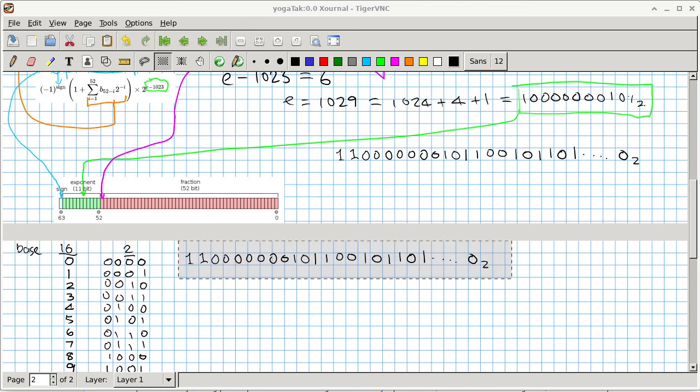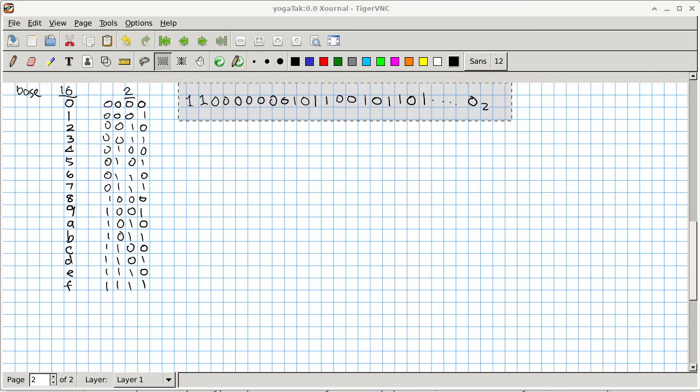All right, so now we can pull this back up again. So now we look at this binary bit pattern and ask, okay, how do we represent this in base 16? Remember what I said? Divide it by chunks of 4. Now, technically, you're supposed to do the division from the right-hand side, from the least significant bit.